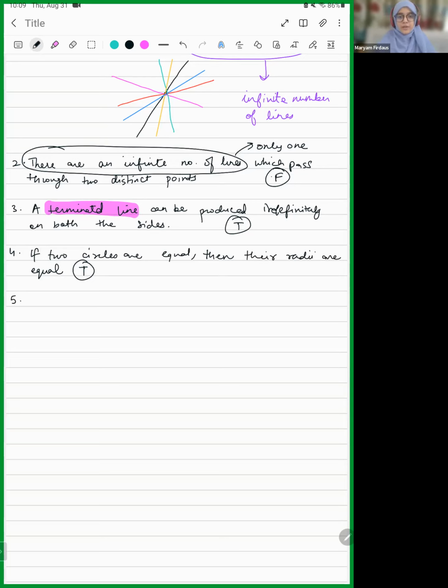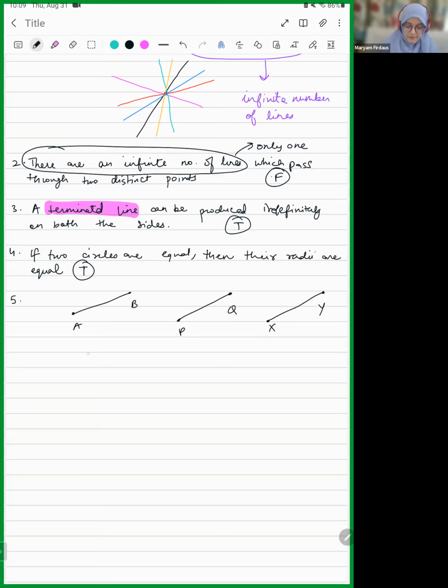Who is left now? Okay, so they've given a figure. There's a line segment AB, then there's another line segment PQ, and then there's another line segment XY.